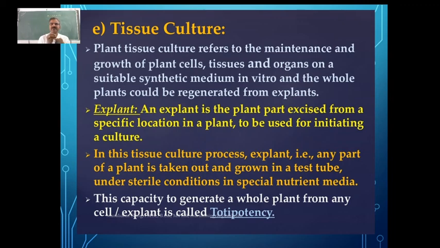The vegetative cells are able to generate into a whole plant. That is a complete plant, and that ability of these cells to generate a complete plant is what we call totipotency. That is the characteristic feature which is used in tissue culture. We use explant and also the property of totipotency here.